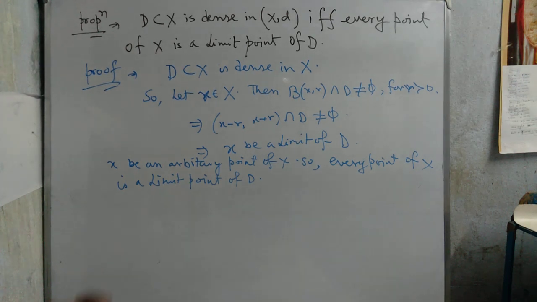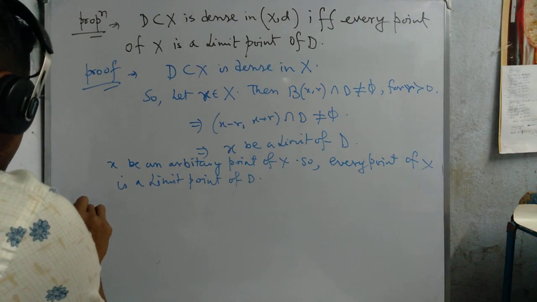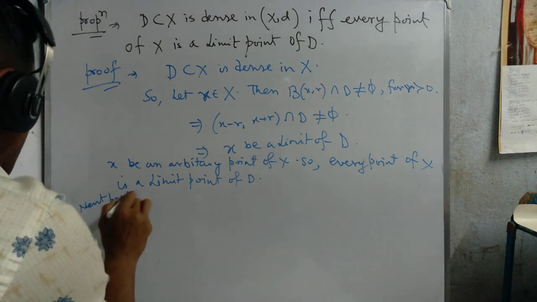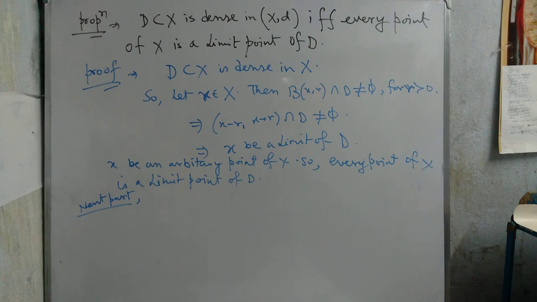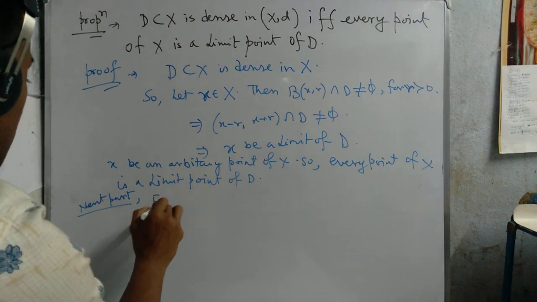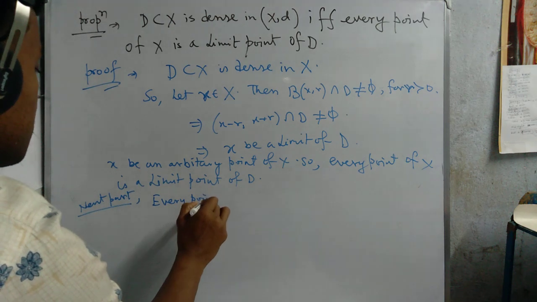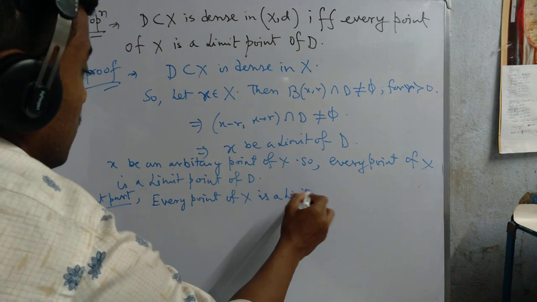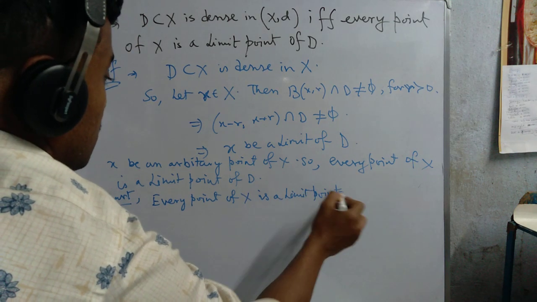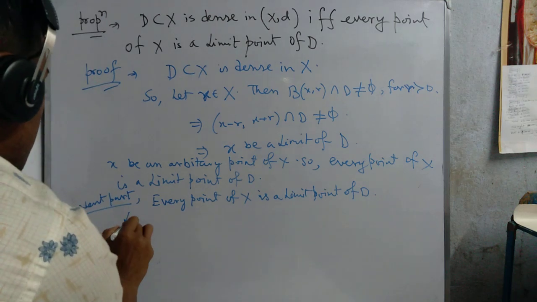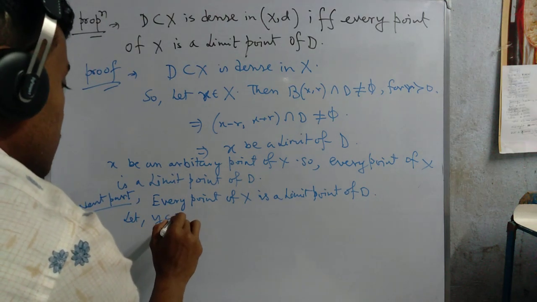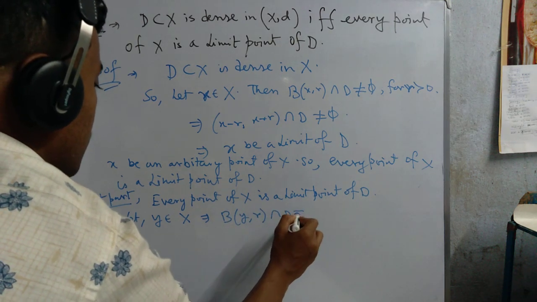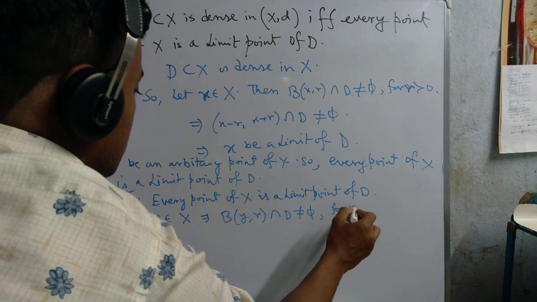Obviously every point of X. That means we assume the next part: every point of X is a limit point of D. Let y belong to this X. This implies B(y, r) intersection D not equal to empty set for r greater than 0.